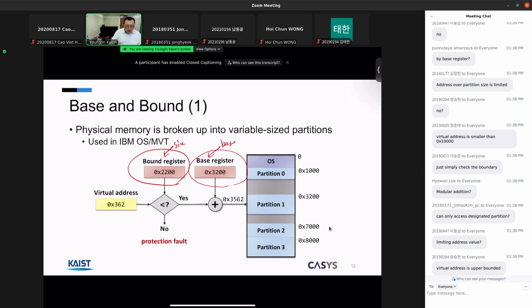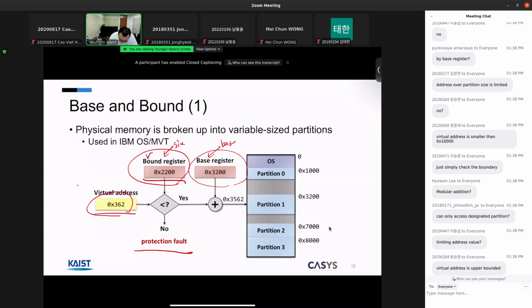So in the virtual address space, base and bound. Actually the fixed partition also has this bound register, but fixed. In the case of the bound register, the hardware first checks whether the virtual address goes beyond the bound size.